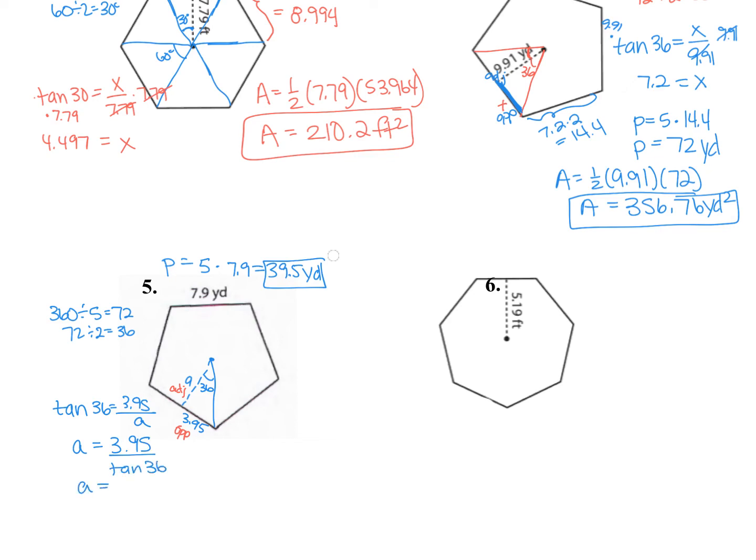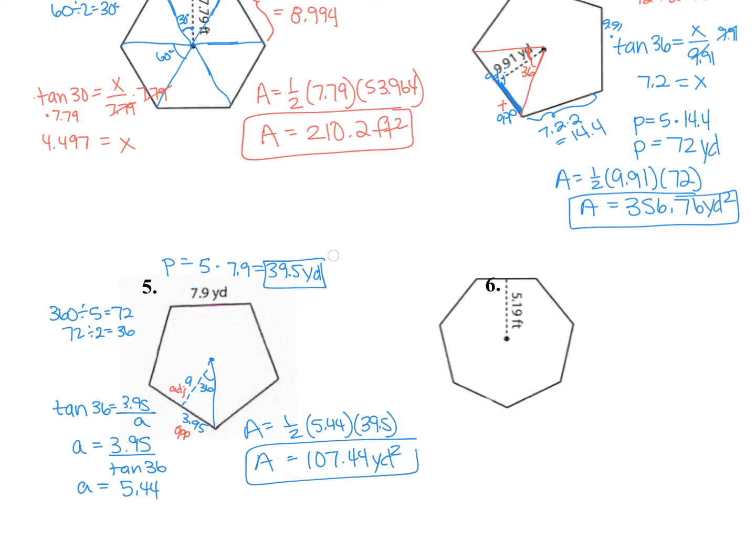That gives me an apothem that's equal to approximately 5.44. So now I'm ready to calculate the area of this pentagon. It's 1/2 the apothem, 5.44, times the perimeter, 39.5, and I get that my area is 107.44 yards squared.